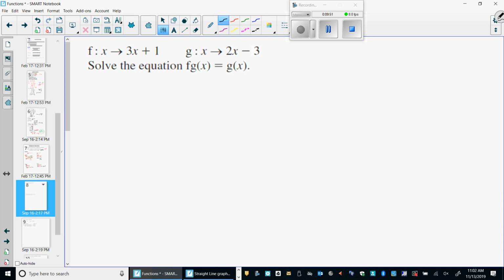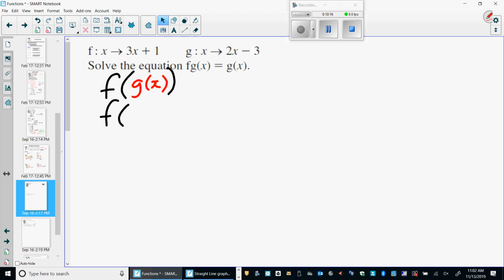So f of g(x), I'm going to write it like this. I'm just dealing with that first of all. So f of g(x) means I'm substituting g(x) into f(x). So that means that I'm finding f of 2x minus 3.